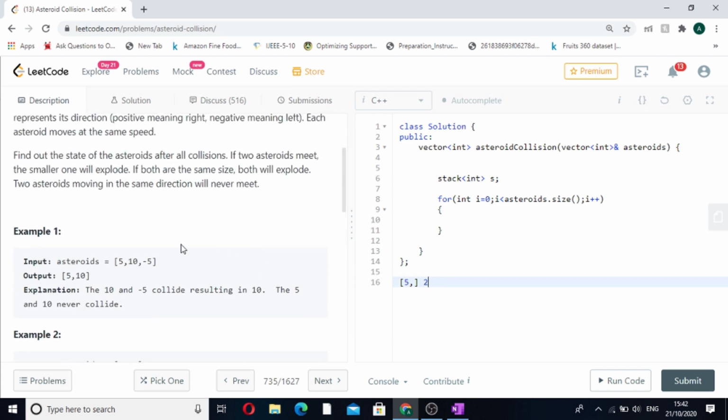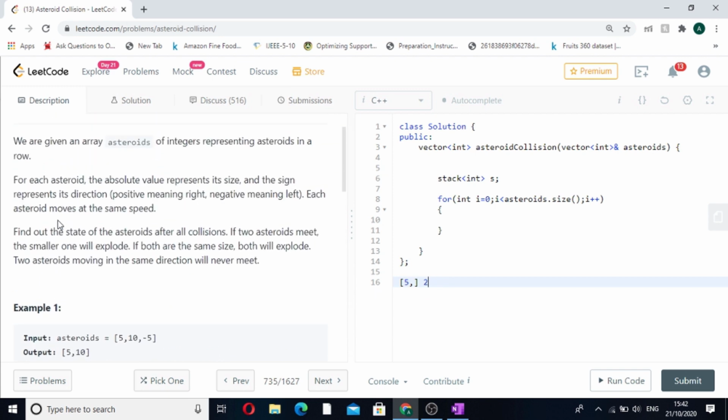It is given that each asteroid moves at the same speed, and two asteroids moving in the same direction will never meet. So no collision will take place. We will simply add our 2 to the stack. So yes, this was the case.